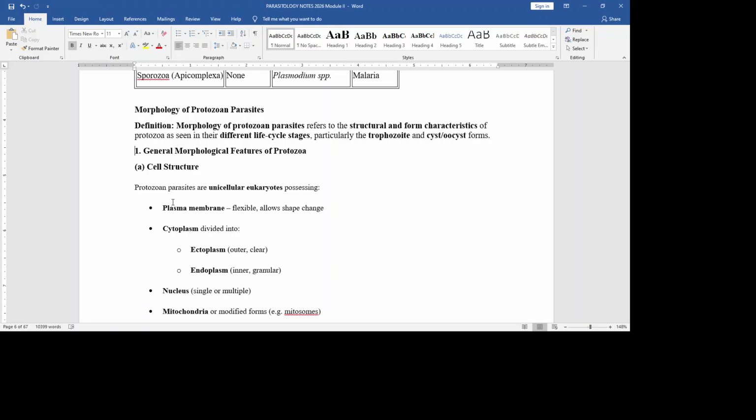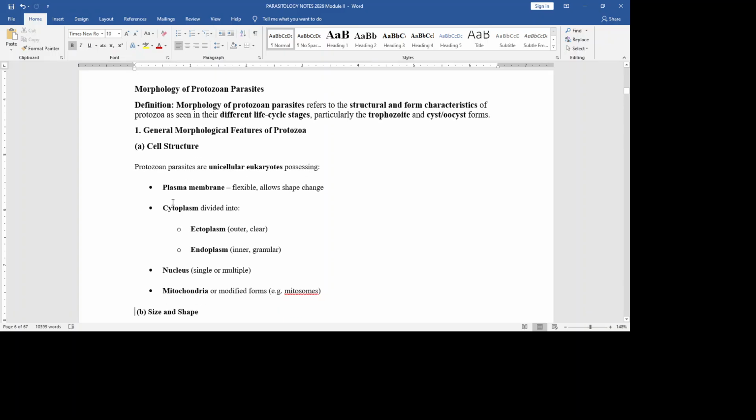Then besides that, they may have one or more nuclei, which we shall be discussing as we go to the individual species.